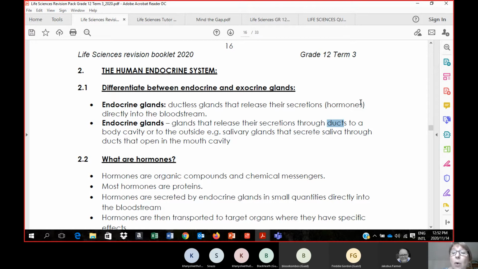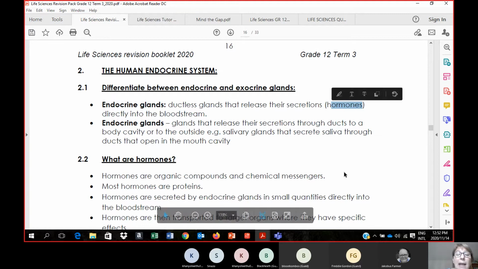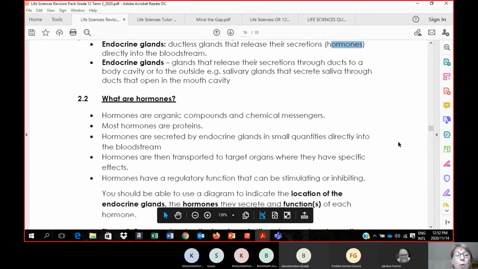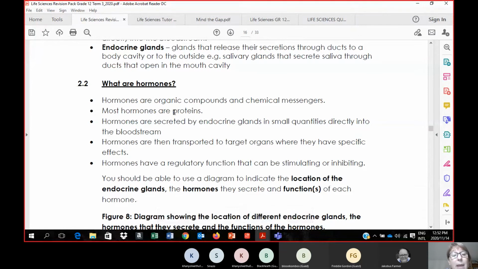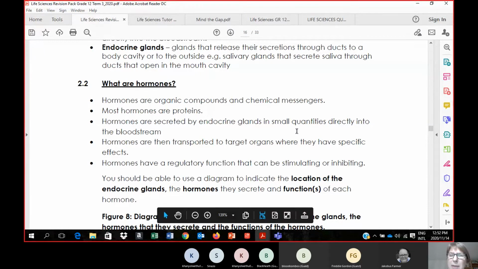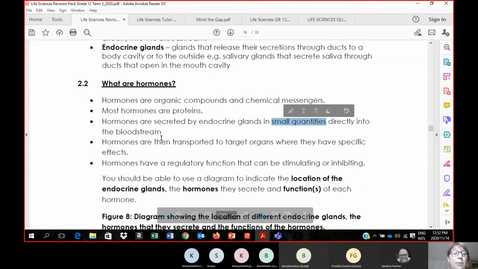But the ones that secrete hormones, we call those endocrine glands. Then here it just tells you what hormones are. So they are organic. Most of them are proteins, but there are some that are steroids, that are fats, but most are proteins. They're produced in very, very small quantities, and they go directly into the bloodstream.